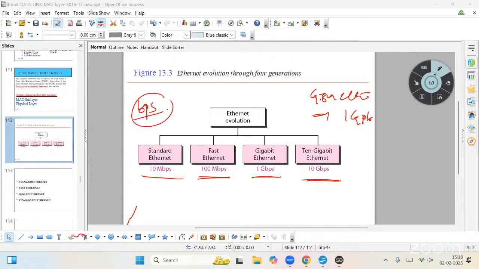How are bits transmitted? Here it is transmitted at 10 Mbps, 100 Mbps, 1 Gbps. They can ask technically what is the speed of 10 Giga Ethernet, so you can write 10 Gbps. Gbps is nothing but gigabits per second.